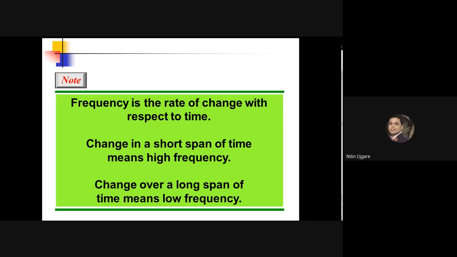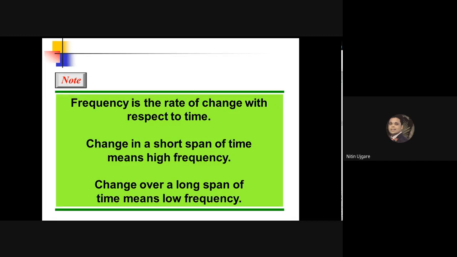Electromagnetic signals are oscillating waveforms. That is, they fluctuate continuously above and below the mean energy level, right? Frequency can be described in cycles per second, and we express it in hertz. In general, it is a measurement of the rate of change of a signal with respect to time.